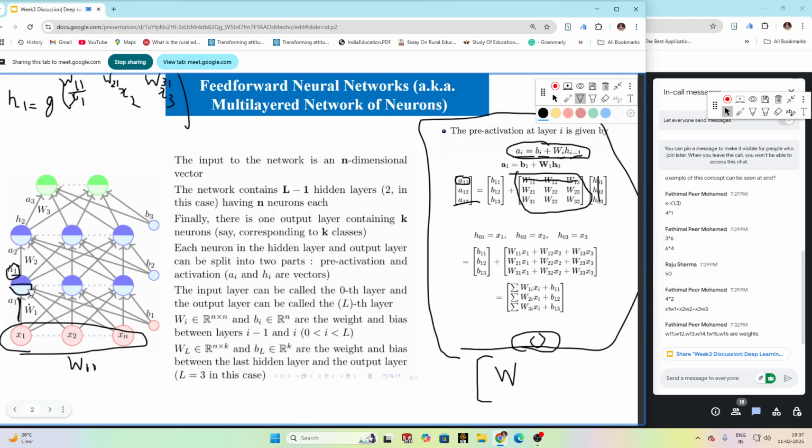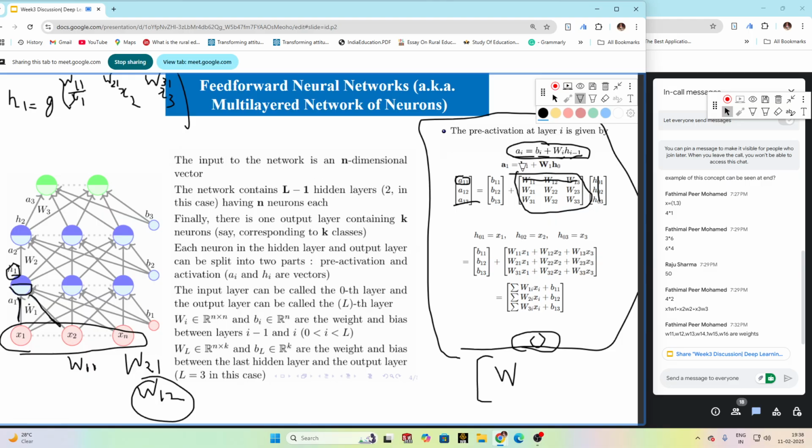If I consider this weight, I should write it as W21, as per our understanding. But as we are not doing the transpose, since it's already transposed, we will write this weight as W12. So that is the thing.